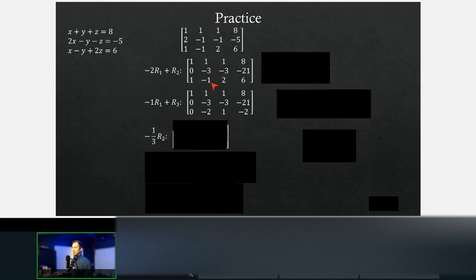I noticed that in row number 2, all numbers are multiples of 3. That means 3 can go into all of these numbers evenly. So that's why I multiplied row 2 by -1/3. 0 times -1/3 is still 0. -3 times -1/3 is +1. And then -1/3 times -21 is +7.